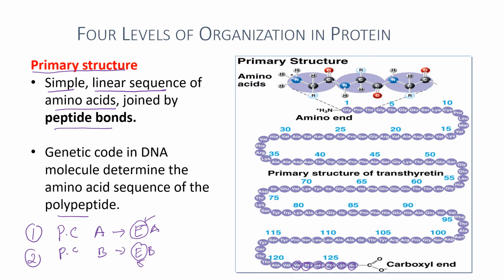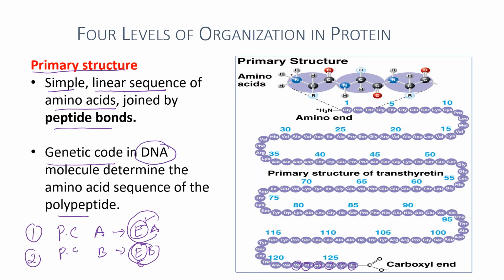Enzyme A will have different sequence of amino acids compared to enzyme B in the polypeptide chain. The sequence of amino acids that later becomes each of these enzymes is determined by the genetic code in your DNA.